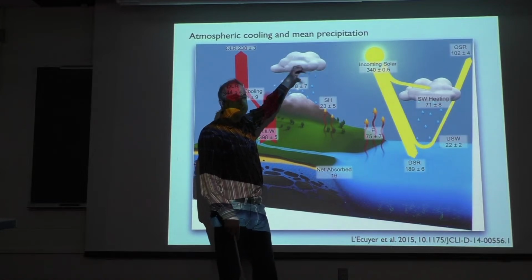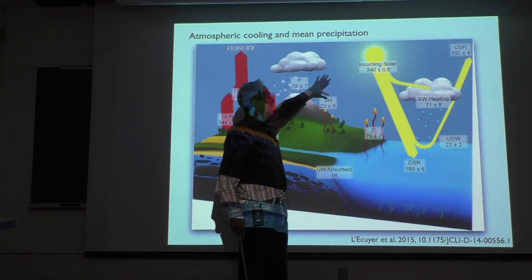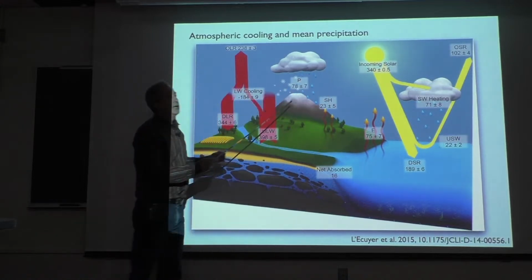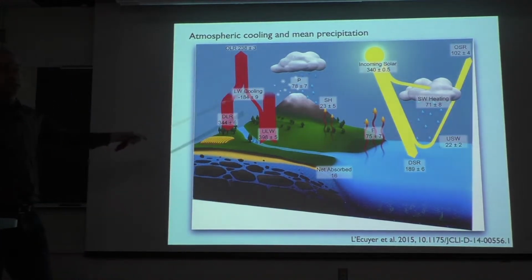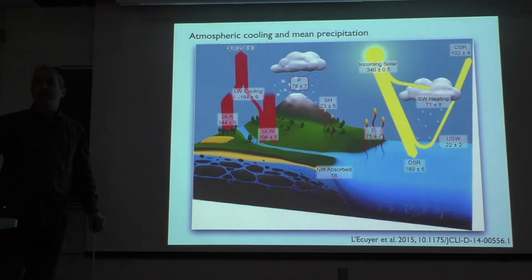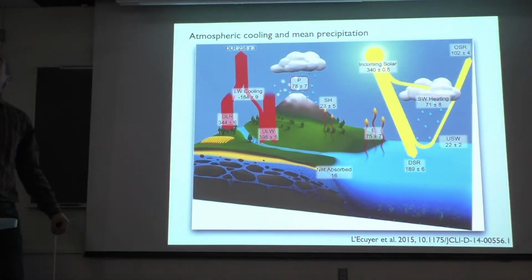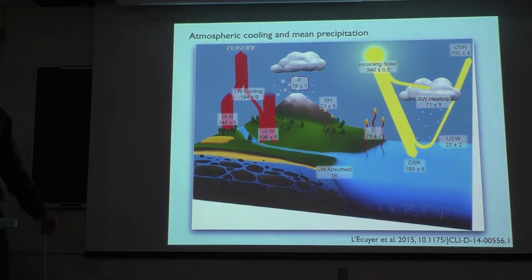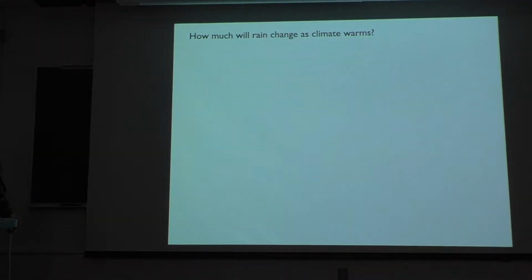Some of that water condenses and falls out as rain, leaving that energy behind. That residual energy has to be removed by radiative cooling. And so the evaporation and the precipitation have to balance each other on the global scale, in a closed system. So this is why these things are linked.